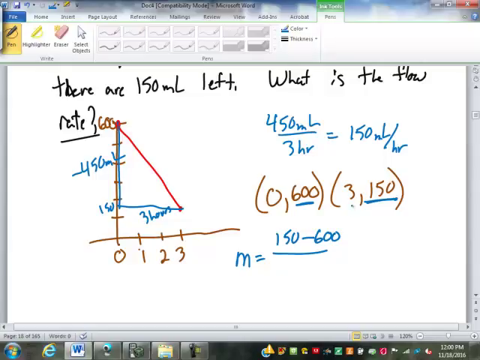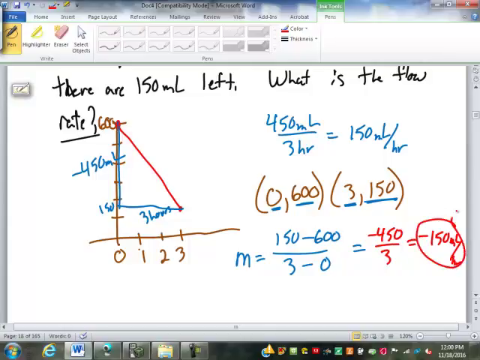On bottom for the run, x-coordinate of point 2 minus the x-coordinate of point 1. 150 minus 600 is negative 450. 3 minus 0 is 3. So that is a negative 150 milliliters per hour. Now that's the rate that it's flowing out of the bag. The rate that's flowing into the patient, of course, would be the positive of that.